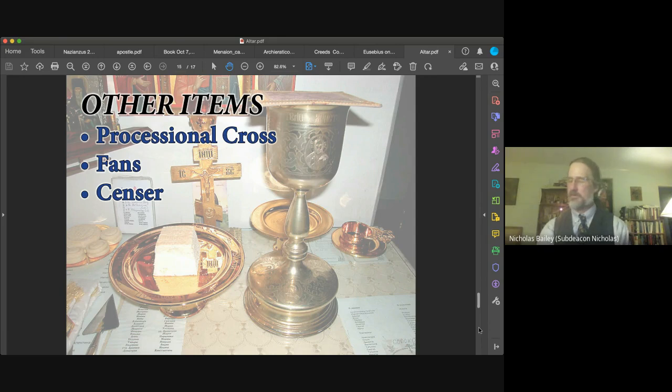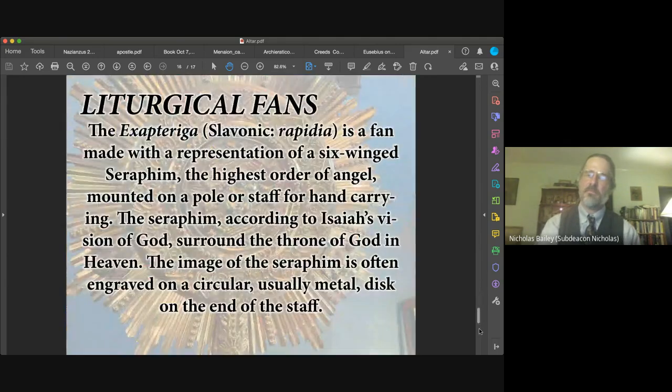There are other elements at the altar. There are the processional cross, the fans, the censers. The fans themselves represent the seraphim that stand about the altar, about God's throne.